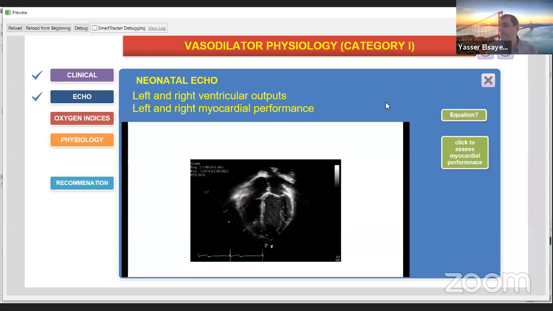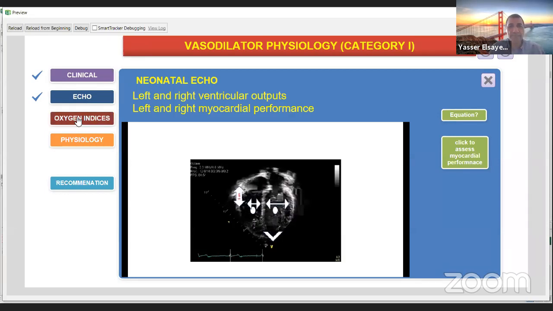Systemic vascular resistance in this case will be less than normal. The normal is between 150 to 200 millimeter mercury per liter per kg per minute, which is a normal systemic vascular resistance. In this case, you have lower, like you may have maybe less than 100 or less than 50.